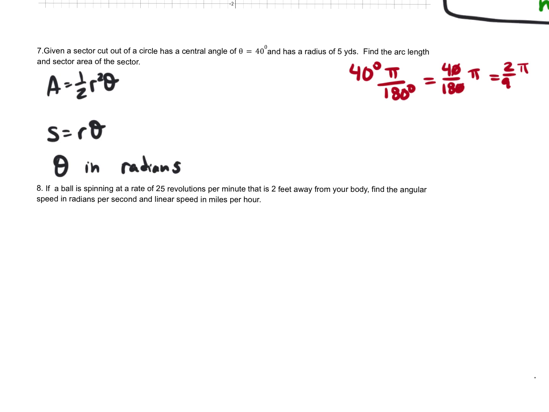So now I'll just plug things into my formula. For example, the area is 1/2 r squared times theta. And the arc length would simply be the radius times the angle. Now I would round these. Let's just round to the nearest tenth. So when I put this in the calculator, this first one is going to give me 8.7.